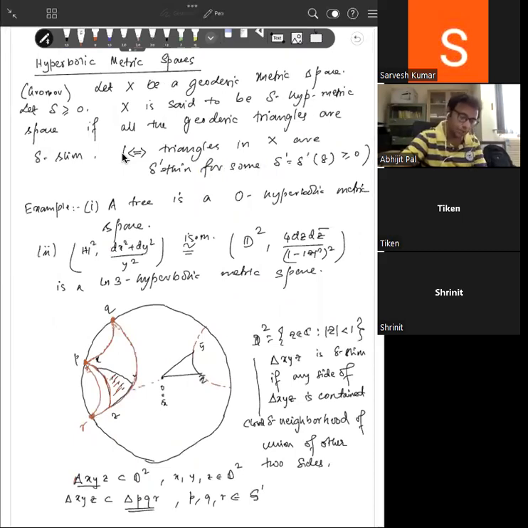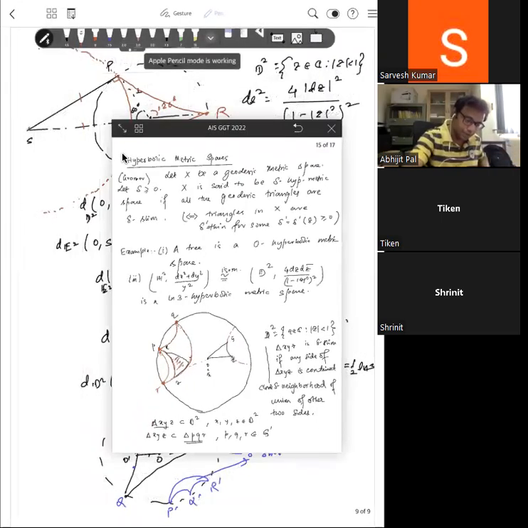So the only job is to prove that this A is equal to half of log 3. Right? So at least now you can visualize why the triangles are uniformly slim in this Poincaré disk. Now this computation, I have already done this part.